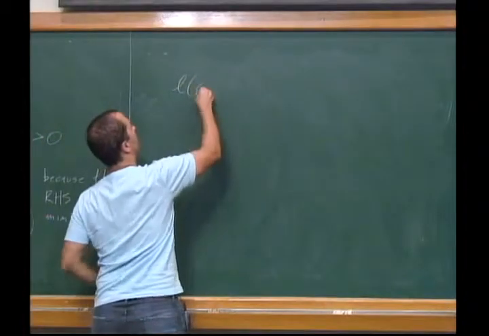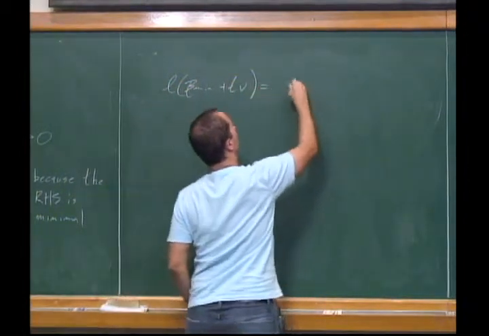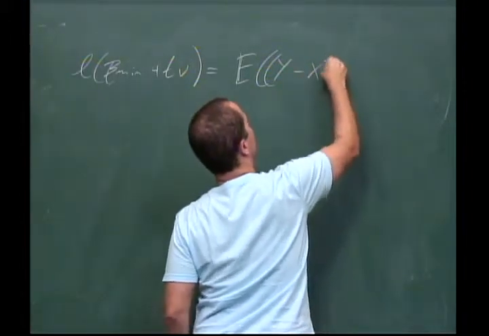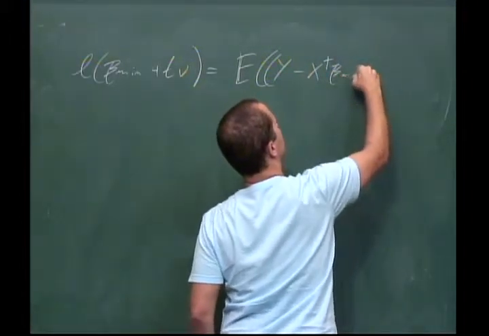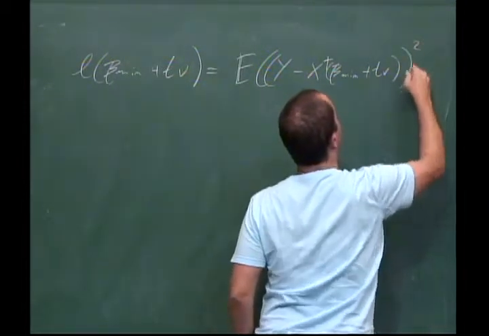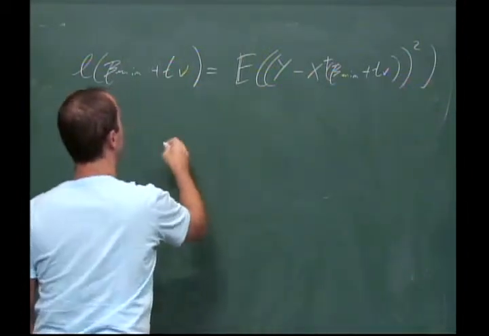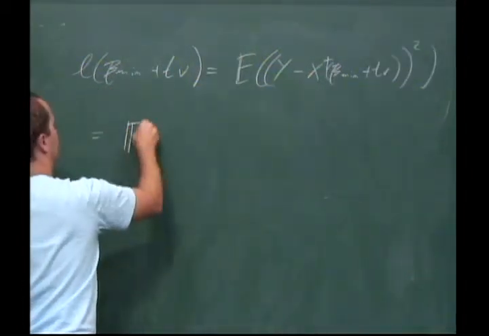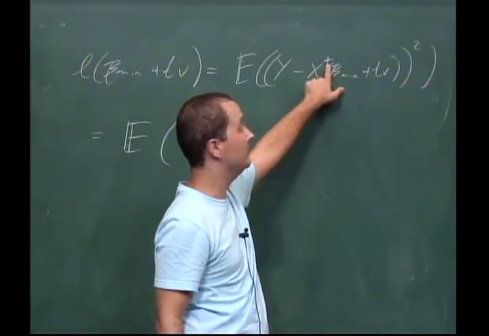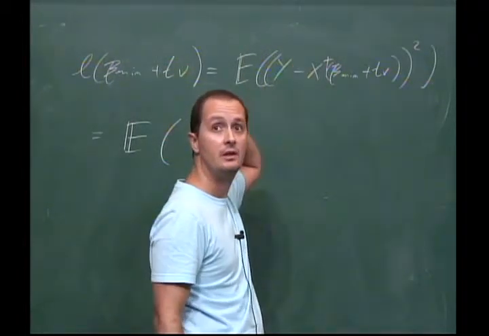Let's write now L of beta min plus t v. This is the expectation of y minus x times beta min plus t v, squared. For simplicity, I'm going to note that y minus x transpose beta min is just epsilon, the epsilon we just defined.